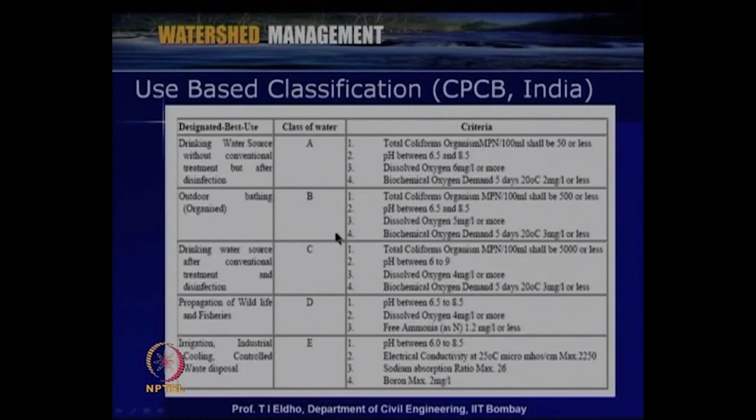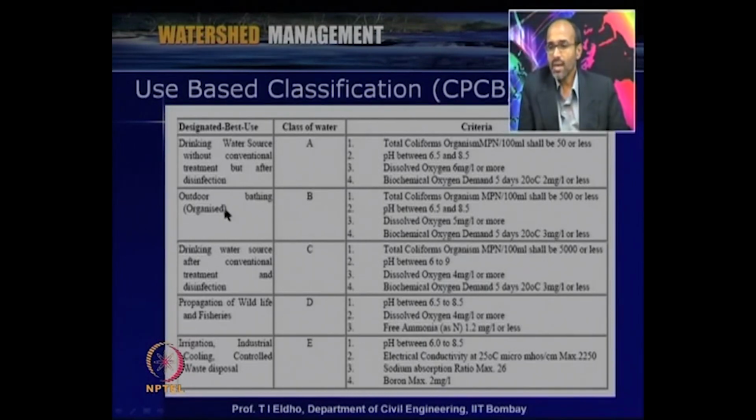Accordingly, 5 classes of water we can define: A, B, C, D, E. The designated best use, for example, drinking water source, is class A. The criteria can be: total coliform organisms 50 or less per 100 ml, pH between 6.5 to 8.5, dissolved oxygen 6 milligram per liter or more, and BOD 5 days at 20 degree centigrade less than 2 milligram per liter. So, this is for drinking water use and class A water as per Central Pollution Control Board norms.